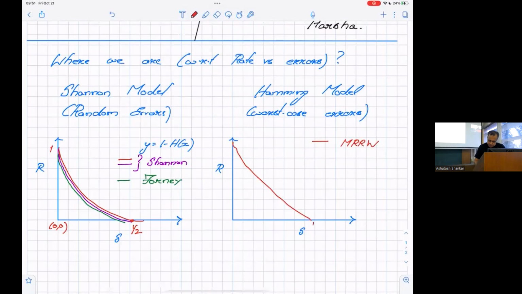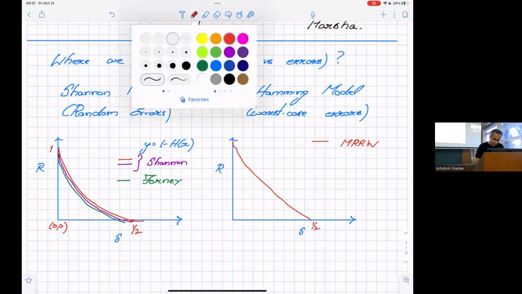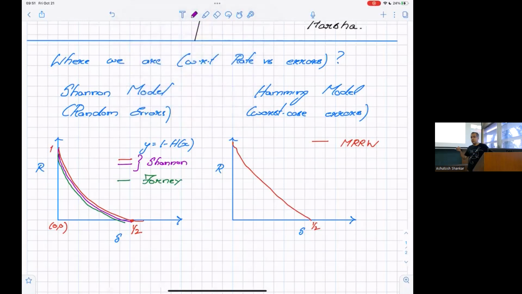It goes up to half. It's not a straight line, it's also a curve. That's the MRRW bound. Among the achievability results, we had the Gilbert-Varshamov curve over here, the GV bound.